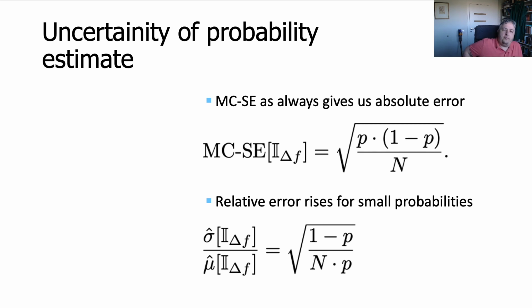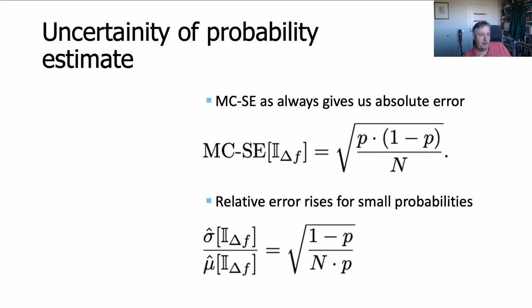And the probability estimator can also be given an error estimate, because it is a binary event, belonging to a set or not, and has the following Monte Carlo standard error estimator, which is the square root of the estimated probability times 1 minus the estimated probability, divided by n.